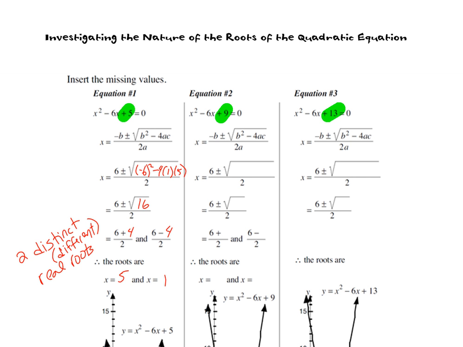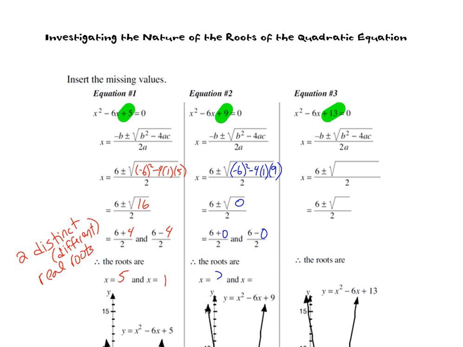Now let's look at the second equation. Again, plugging it in, we get still negative 6 squared minus 4 times 1. This time we're going times 9 on the end. We get 36 minus 36. Oh, that's 0. Square root is 0. That's 0. I've got 6 plus 0 and 6 minus 0. 6 plus 0 is 6 divided by 2.